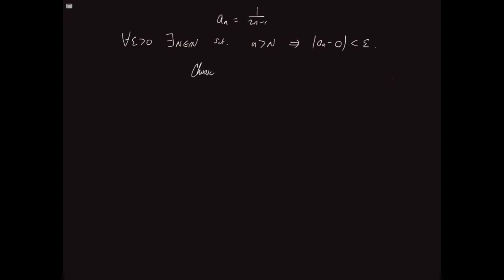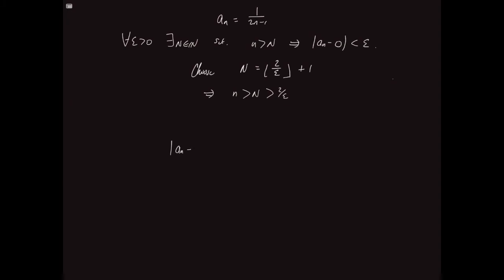Let's now choose capital N equals 2 on epsilon. That's 4 times bigger than what we had before, roughly. And then round down to make an integer and add 1 to make it convenient. That implies that whenever little n is greater than capital N, that little n will also be greater than 2 on epsilon.